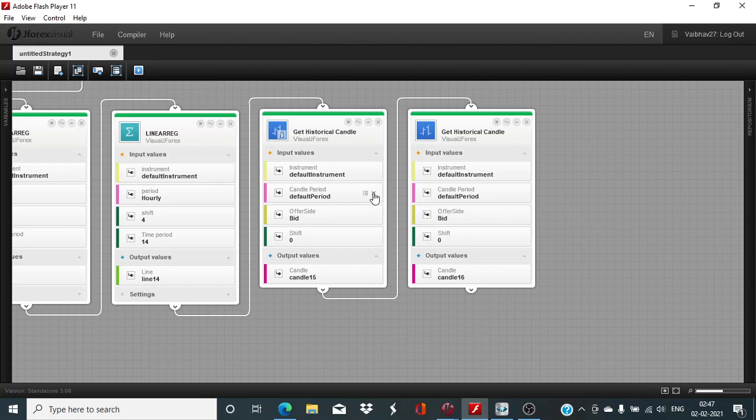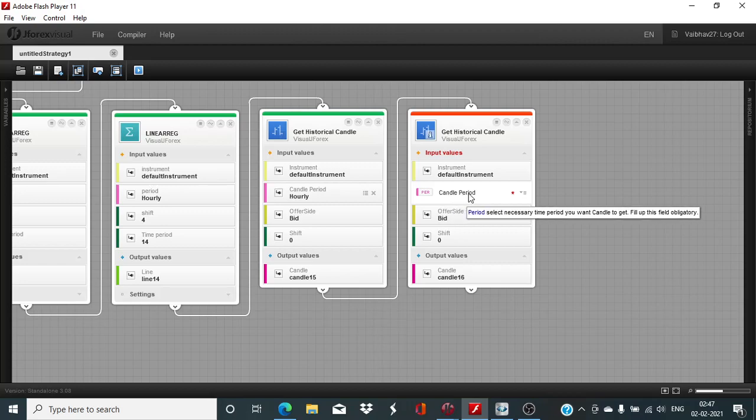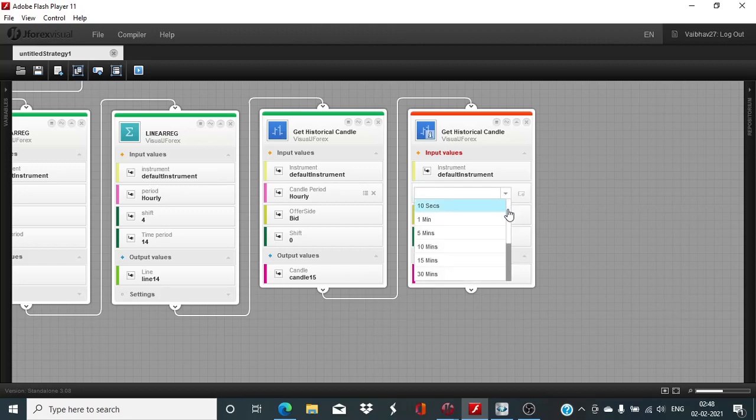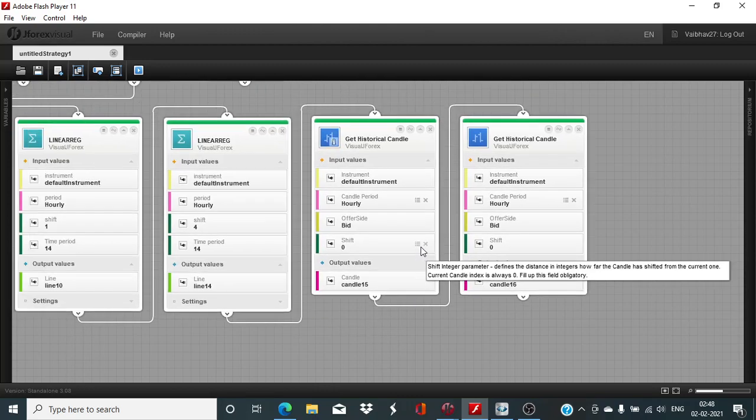and here this also needs to be changed to hourly, and shift will be 1 and 2.